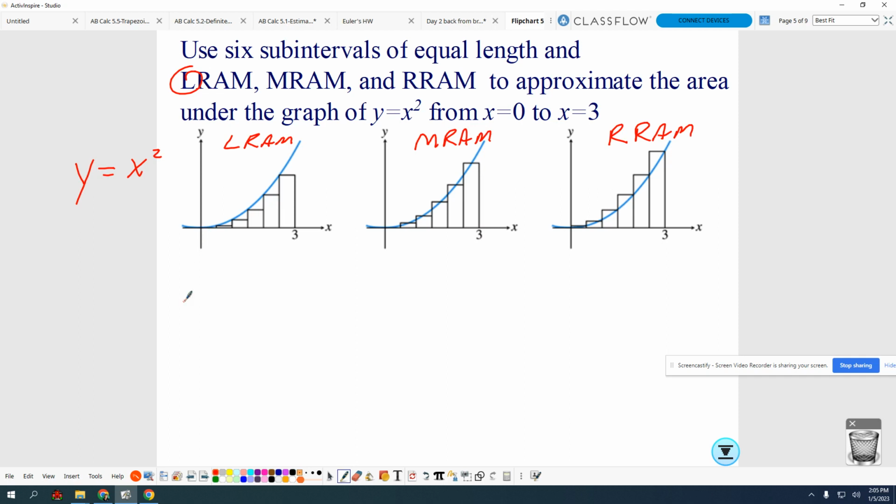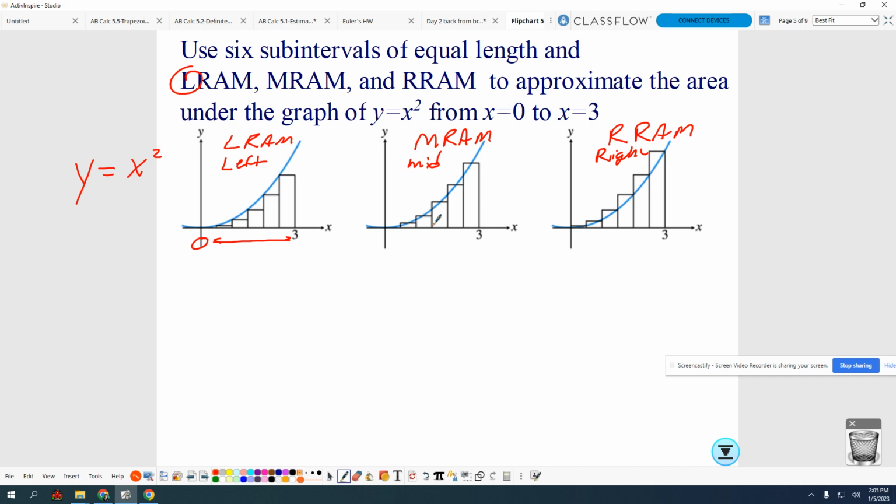Okay, to explain, you use the left end with the right. MRAM is the one that works. Middle. Okay, nailed it. You have to eyeball the middle.